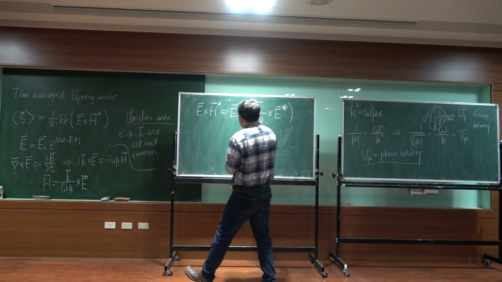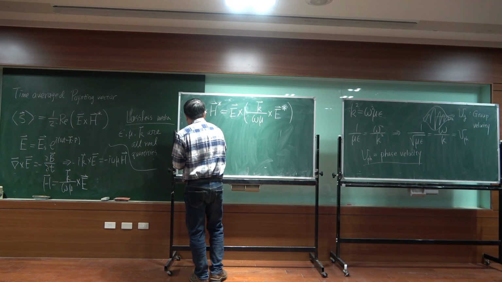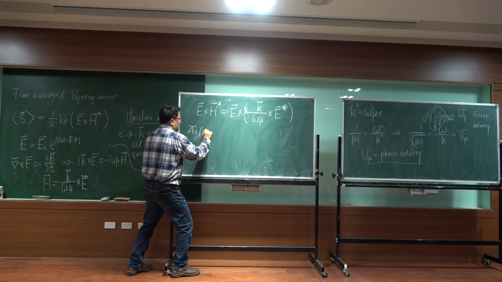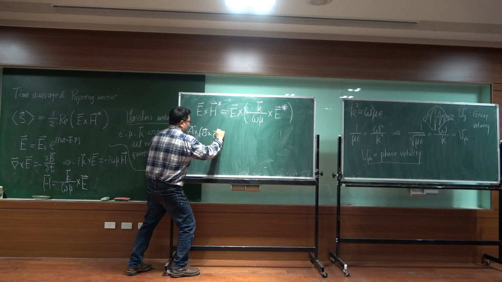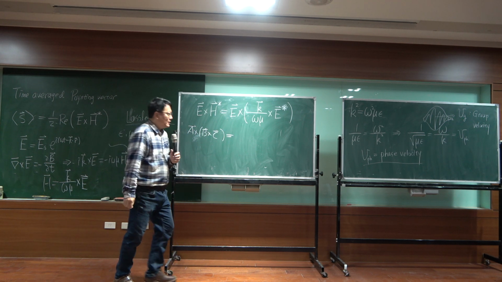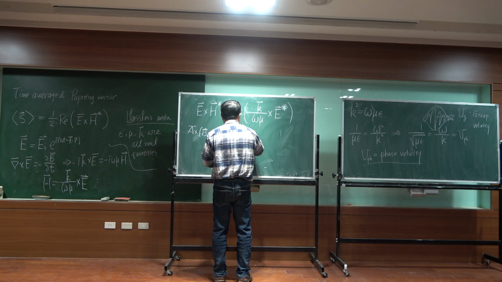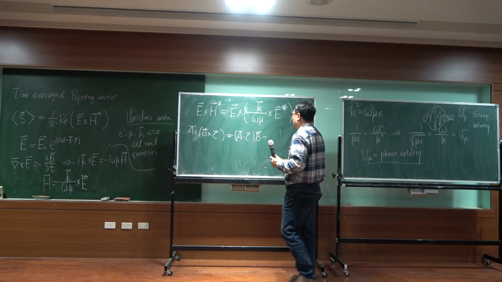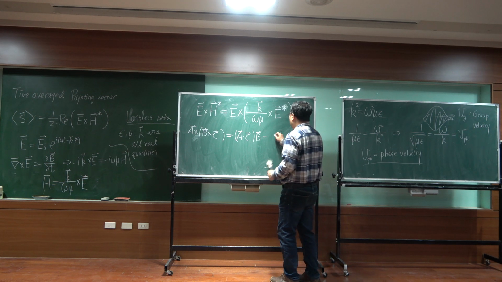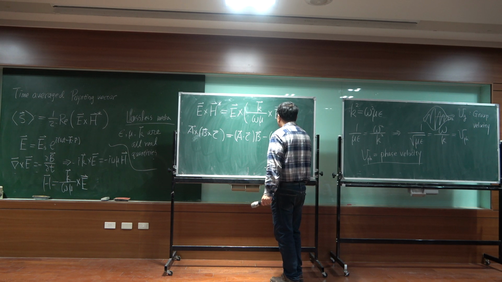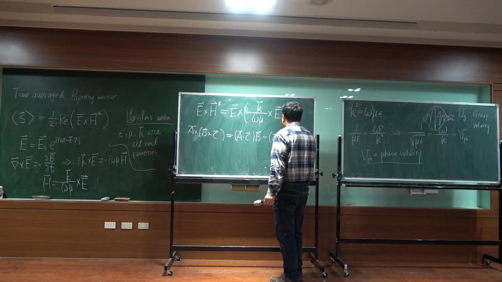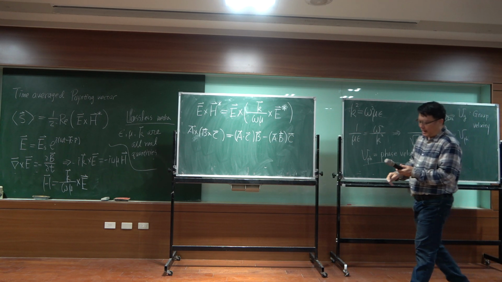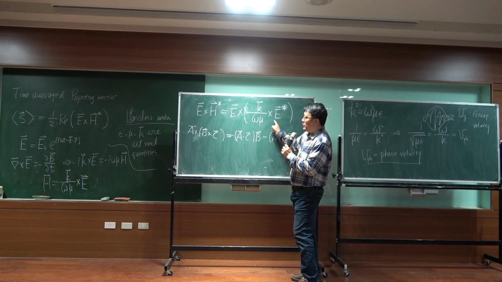So according to vector analysis, when we consider A cross B cross C, we get A dot C times B minus A dot B times C. We apply this formula to this situation.